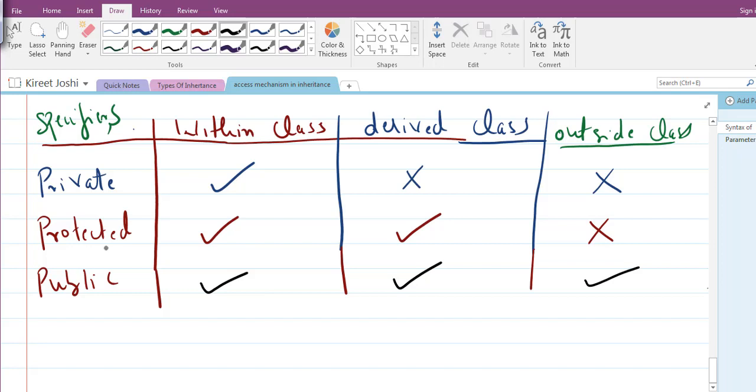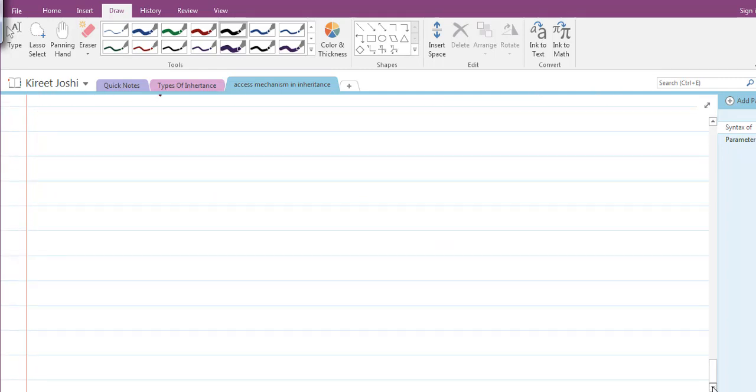If the members are public, they can be accessed within the class, by the derived class, and outside the class. So this is important.